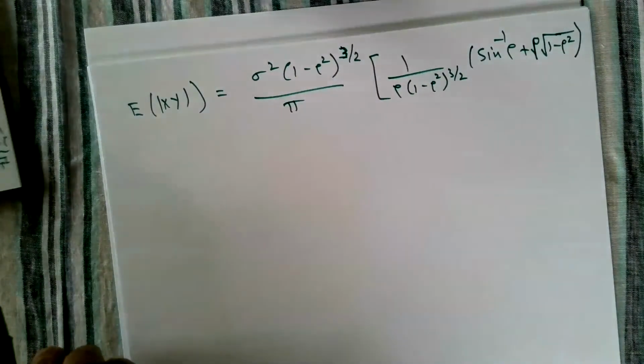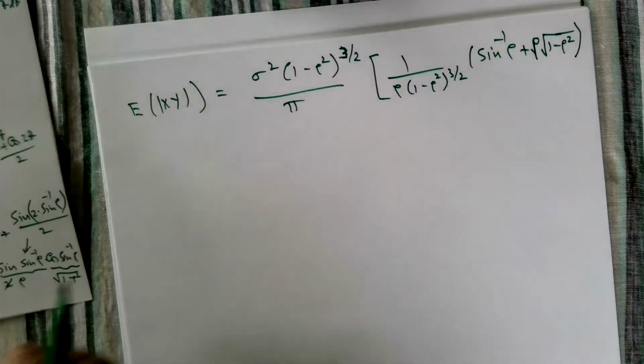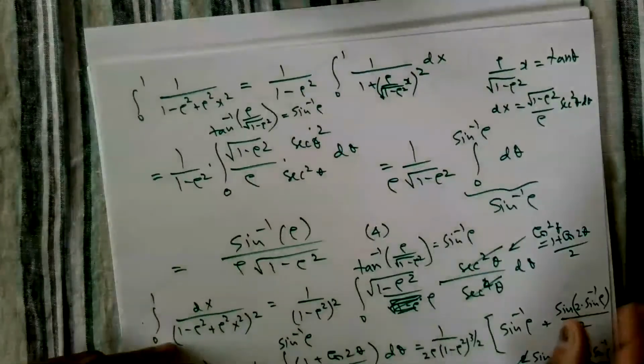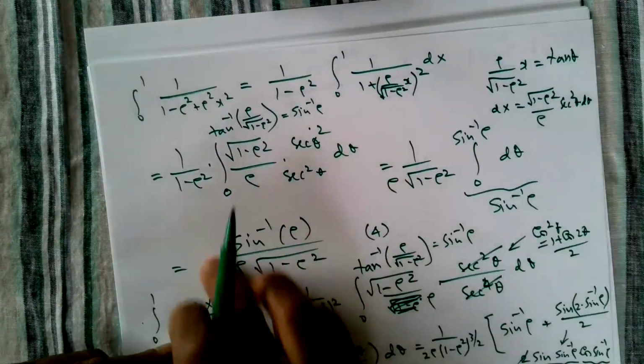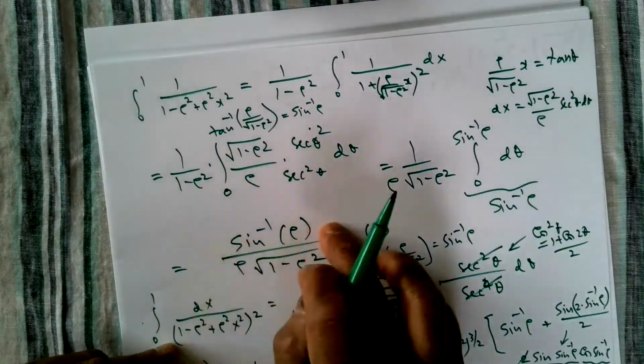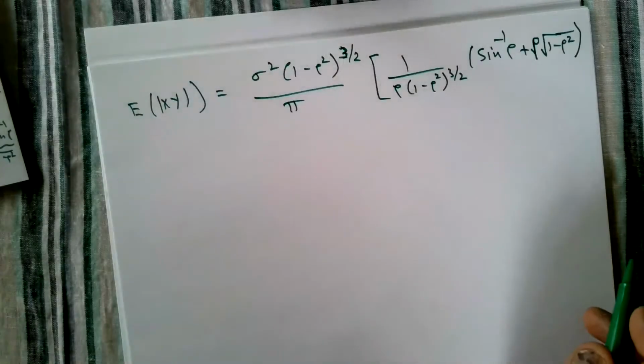And then the other term, minus this, which is this. So the denominator is the same. I just have to minus sine inverse rho.